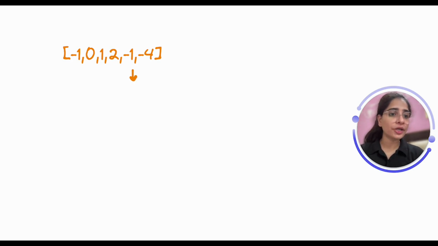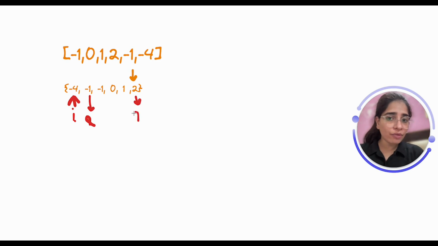Whenever you want to apply the 2-pointer approach, you have to sort the array first. Now let's see what my array will be after sorting: -4 -1 -1 0 1 and 2. That will be my sorted array. Now in order to apply the 2-pointer approach, I'm going to keep this as an index I, and I'll make a left and a right, because I want the sum of I, L and R to be 0.